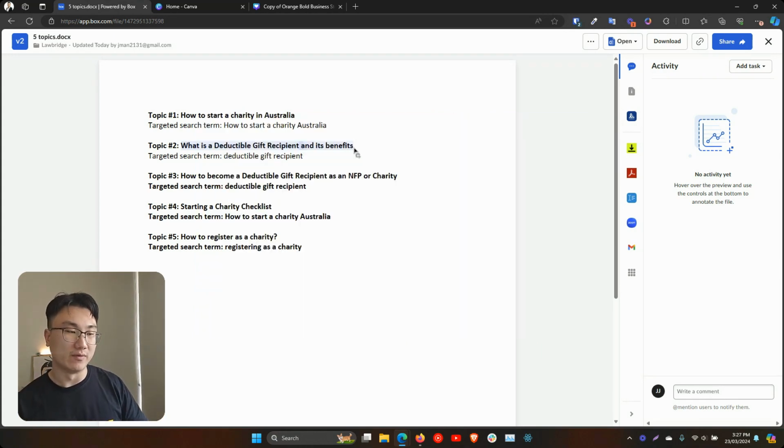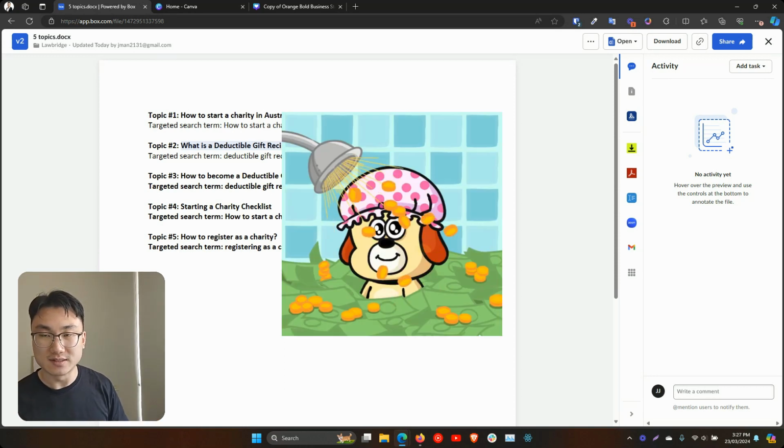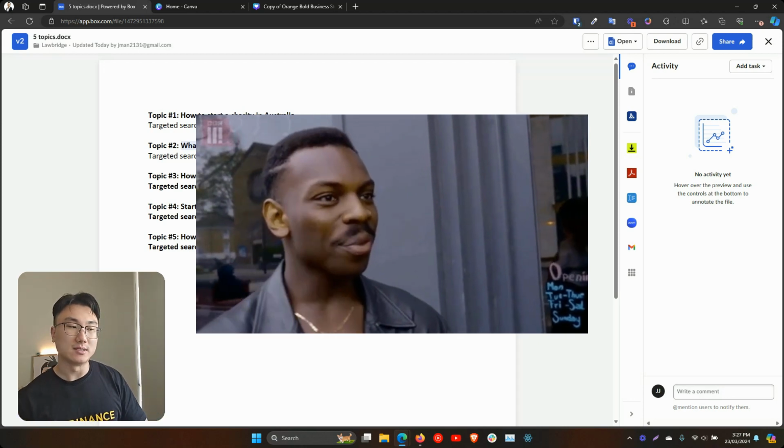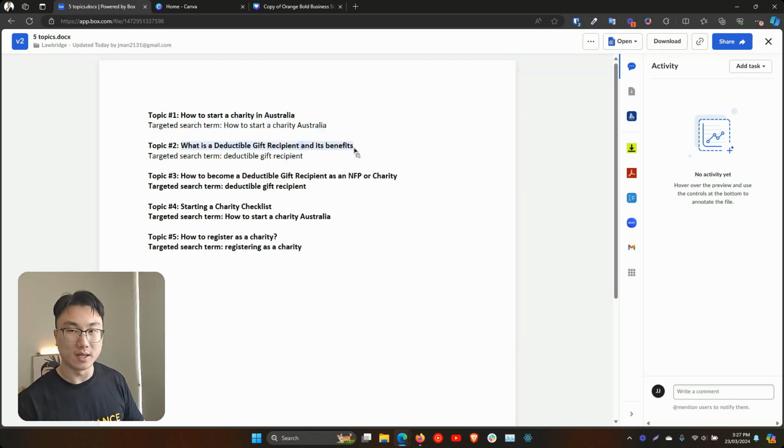A brief overview: the benefit for a charity that has become a deductible gift recipient is that they can receive more gifts and more donations for their charitable purposes. And the benefit for the donors is that they can essentially pay less tax. So that's the gist of what this topic is. Let's now do some research and start the steps of generating the content outline for this topic.